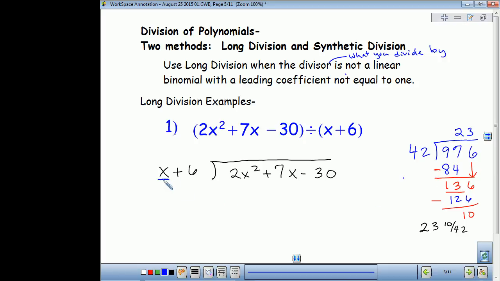We're going to take this first term and this first term. And we could say x divides into 2x squared. Well, guys, doesn't x squared just mean x times x? So when I divide, doesn't one of those x's cancel and it just leaves me with 2x? Okay? So with division, we can just do that canceling. This x cancels with one of those.